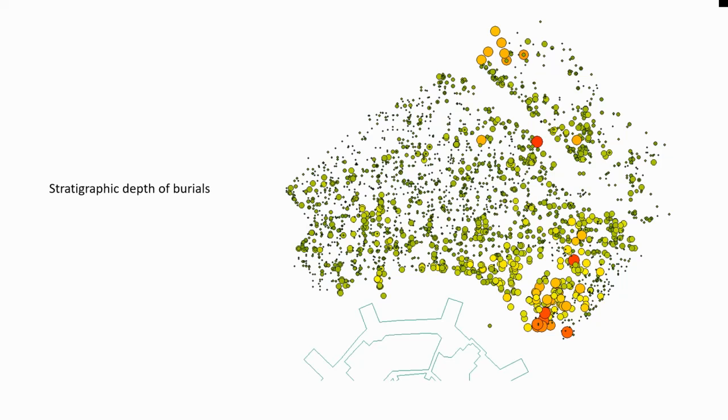Why is there something in there? Is that an archaeological reason? Is it a modern truncation? Maybe there was some sort of services going in through here, we don't know. What about these clustering around the east end? Is that of importance? So there are various questions that these sorts of presentations pose, which we can look at in more detail.